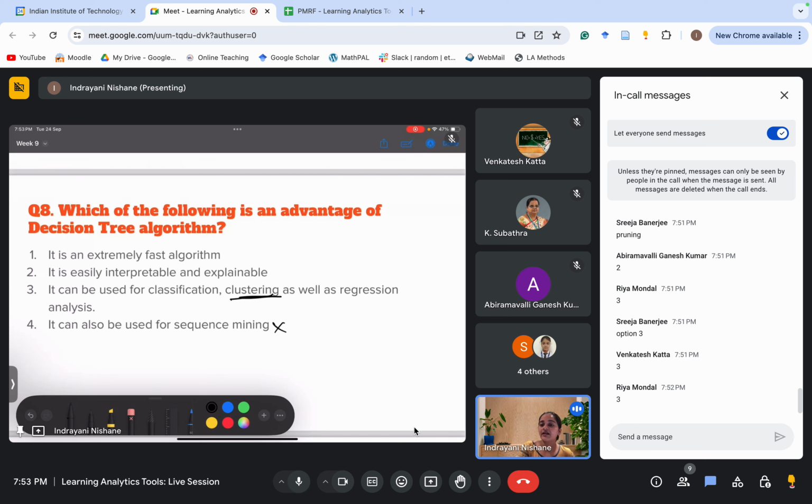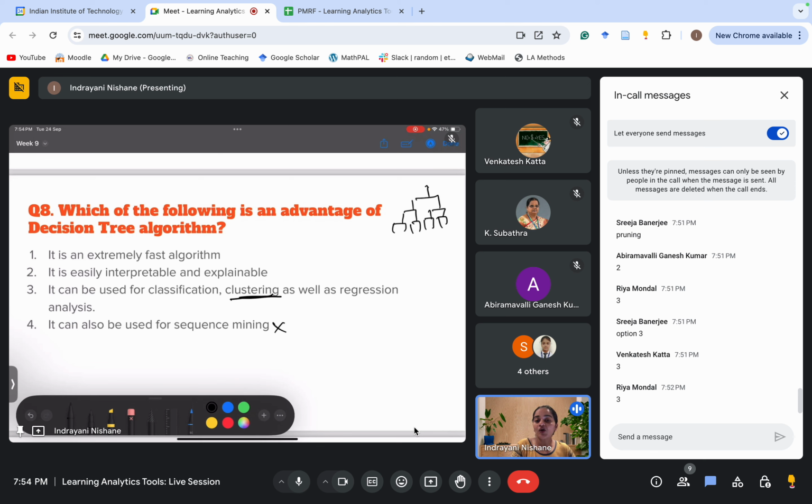That's how clustering and decision tree are different. I was telling you they are similar because the way of implementation is similar: the tree starts from a root and then branches out. But it is not clustering, because in clustering we compute the distance between the data points, and that distance is nothing but the values of features.